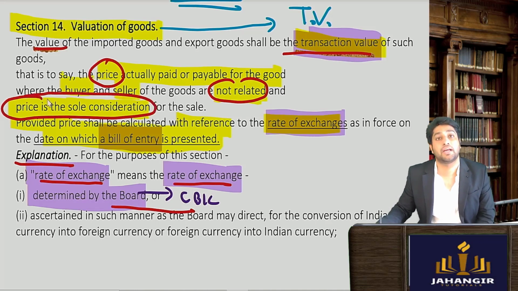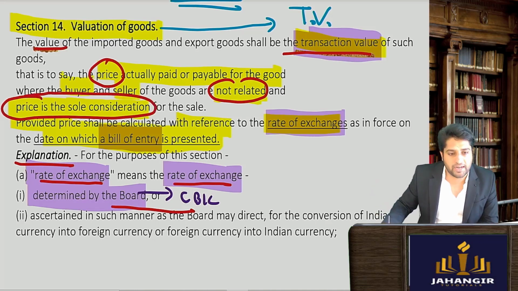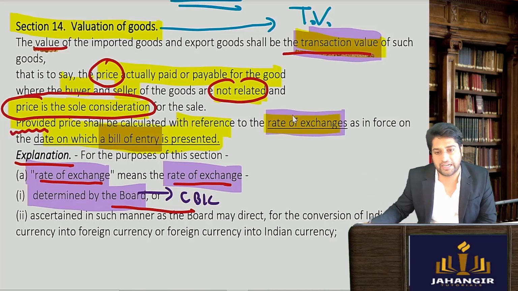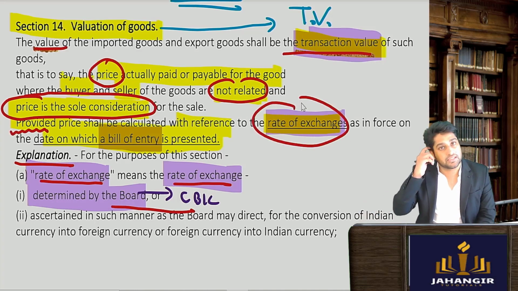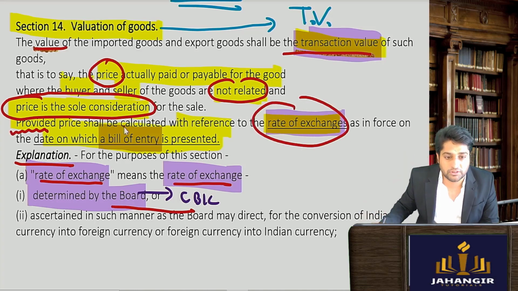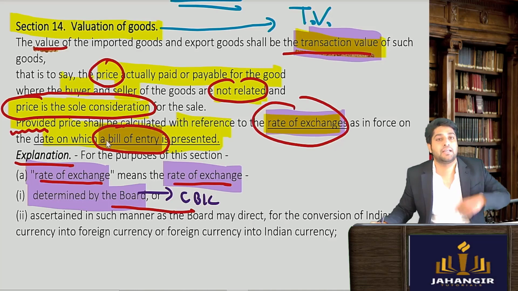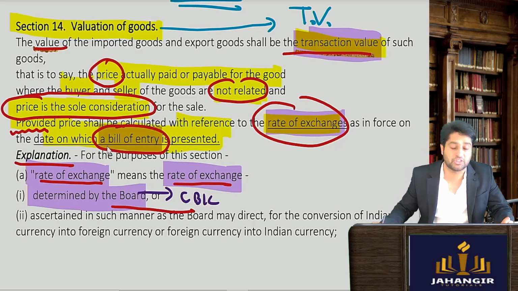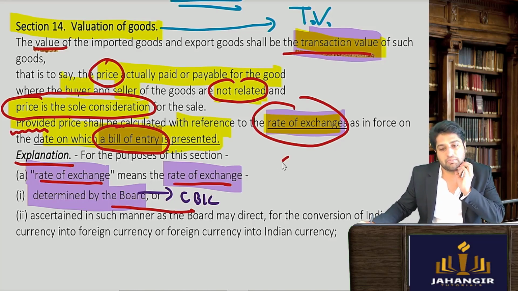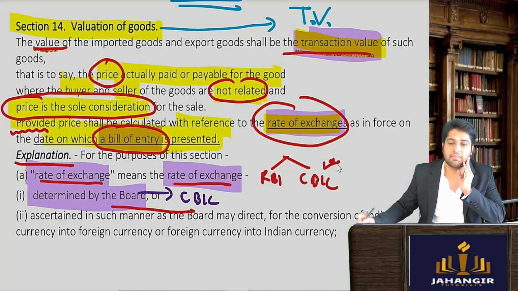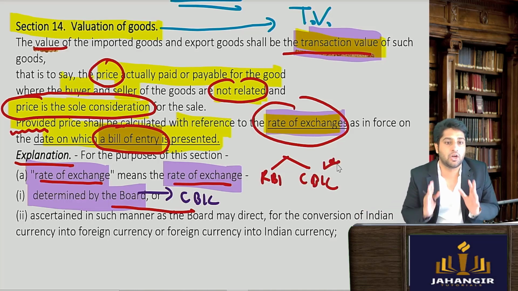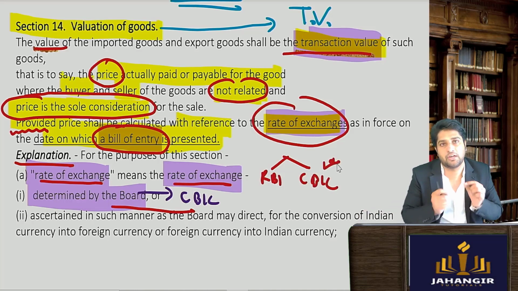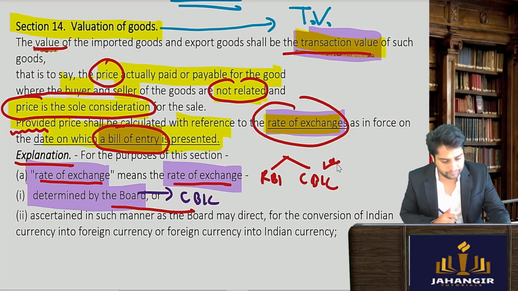That is the provision. Then a proviso is given, it's called a proviso, so that also has to be read. The proviso says the exchange rate of foreign currency is of the day you filed the bill of entry, the date of filing the bill of entry. At that time there might be two exchange rates, one by RBI and one by CBIC, so you will take the one by the Board. I hope this is clear. Don't worry, as we move ahead you will have much better clarity.